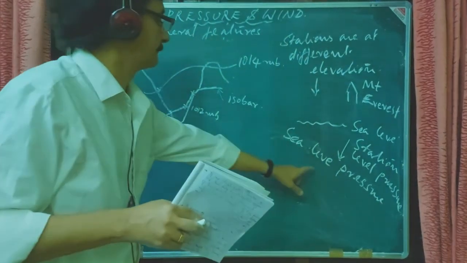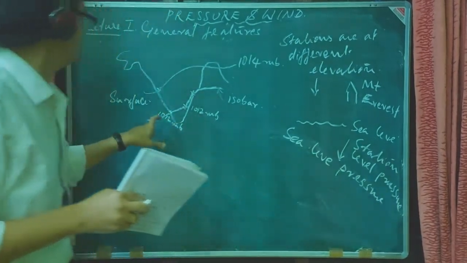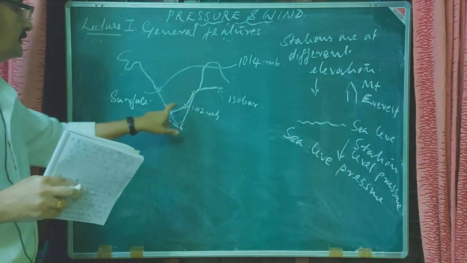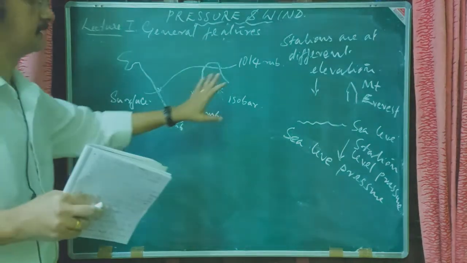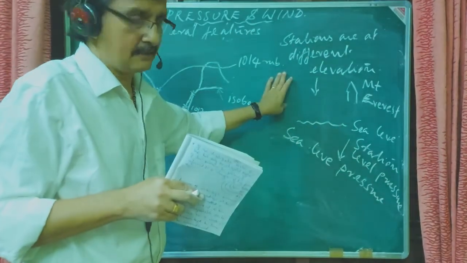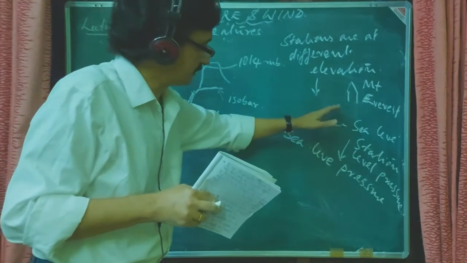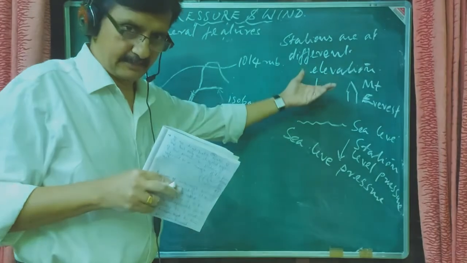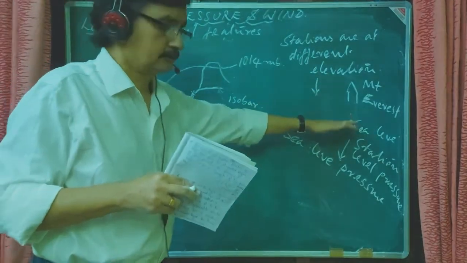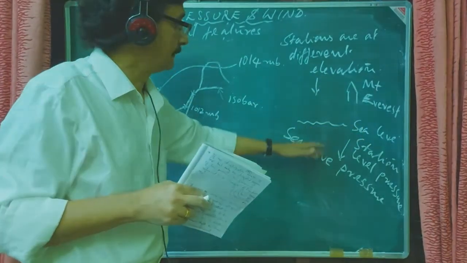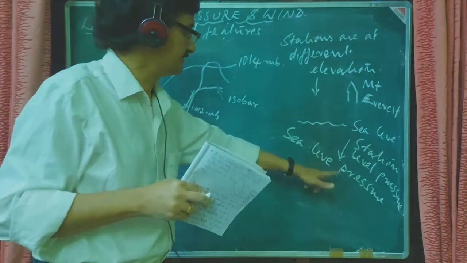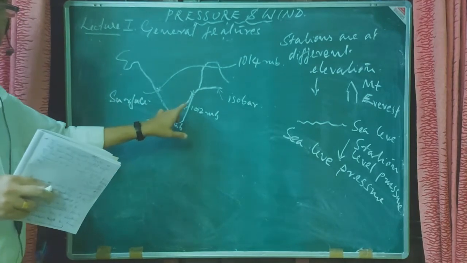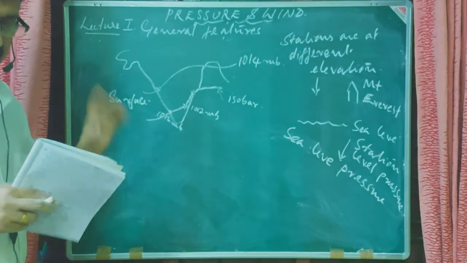Then this mean sea level pressure will be plotted here. Even for mountainous regions, or stations below or above sea level, first we have to convert station level pressure to mean sea level pressure in order to make a comparison of stations among each other.